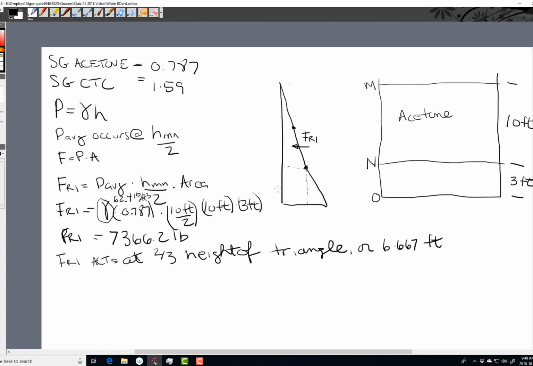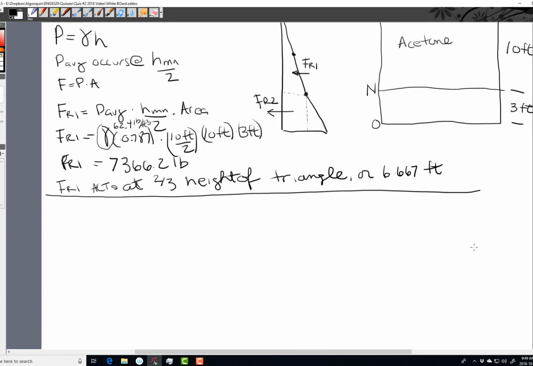So how do we solve for FR? I'm going to call it FR2. Let's draw the line here. I'm going to scroll down. FR2 is equal to some pressure times area, right? Well, what's the pressure right here? We're taking the pressure there and extending it all the way down, assuming a constant pressure.